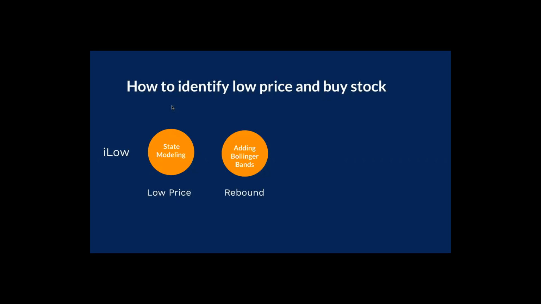Okay, so another one. This is a simple example. If we enter into the state 8 modeling at a $100 price, our target is about $90, and we hit the target of $90.